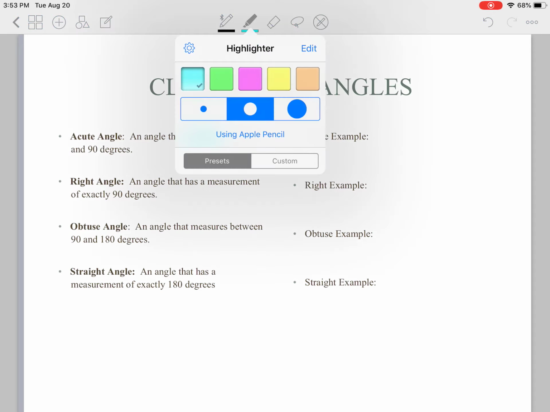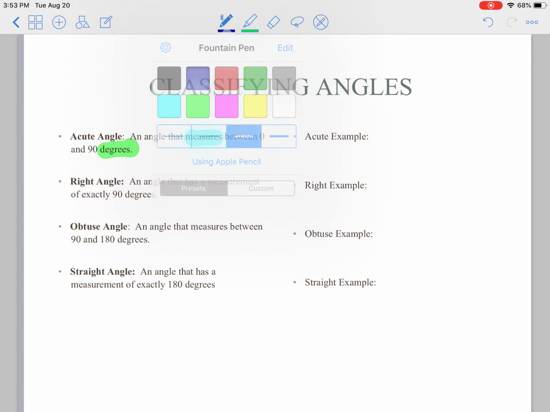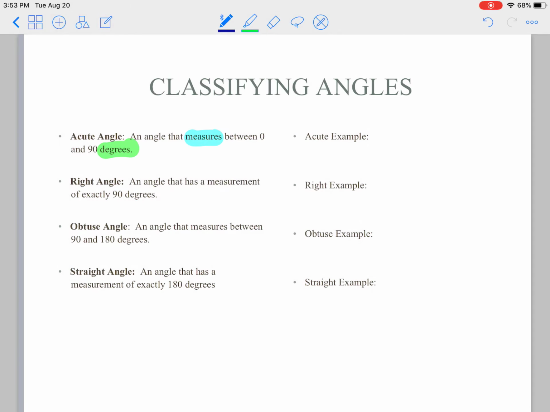Our unit of measurement are degrees for angles. And so an acute angle is going to be an angle that has a measure of less than 90 degrees. And 90 degrees is going to form a right angle.